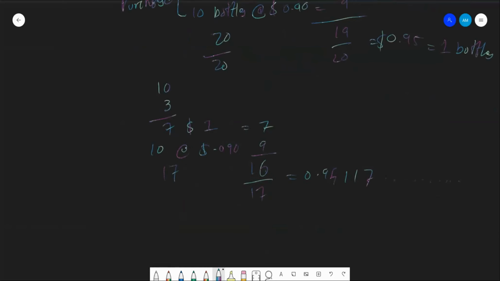It used to be 0.95, but now it's 0.94. Since we have more of the lesser costing bottles and less of the higher costing bottles, the total price decreases by this.